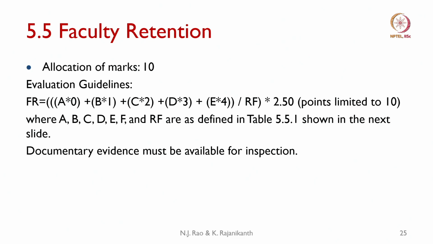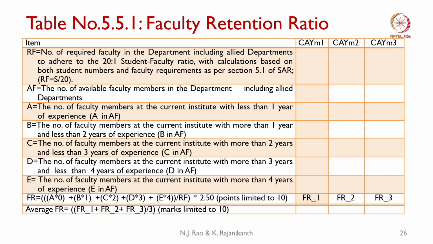There are 10 marks allocated, and the evaluation guidelines are as shown here. RF is the required number of faculty. The available faculty is split into A, B, C, D, E. There are 5 categories.